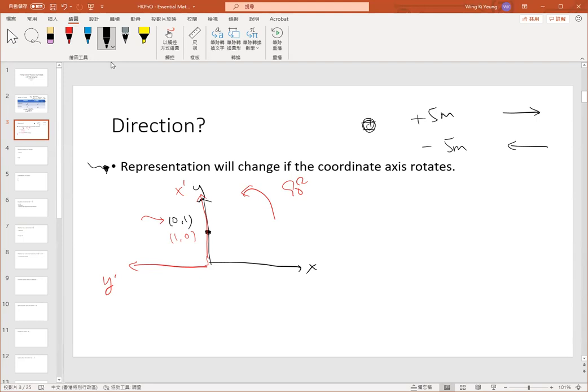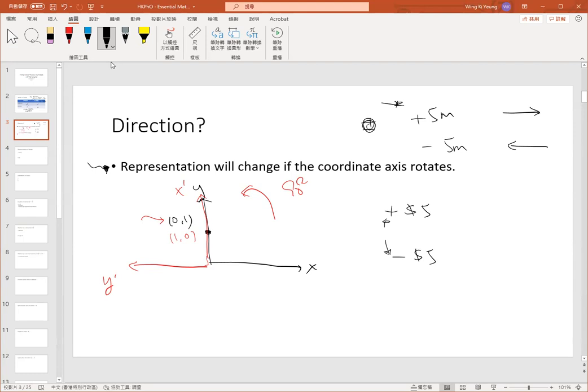So we use plus or minus to represent the direction. But sometimes, let's say, you gain $5 and you lost $5. The plus and minus sign here does not represent direction. Because even though your coordinate axis rotates, if you gain $5, still gain $5, is it? If you lost $5, still lost $5, okay?